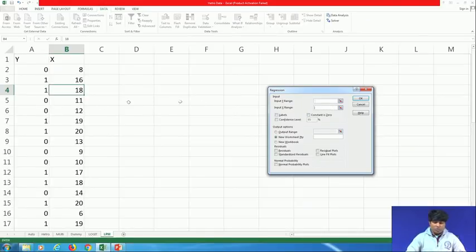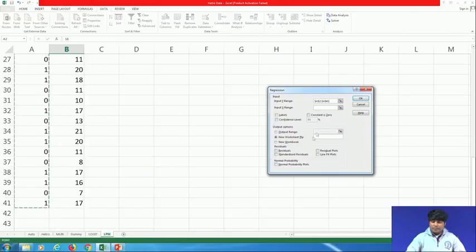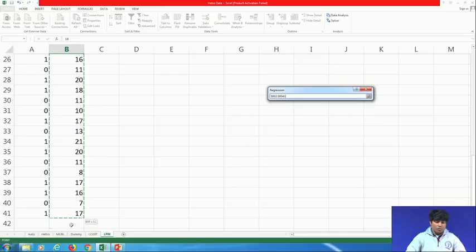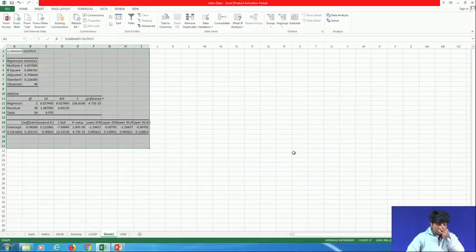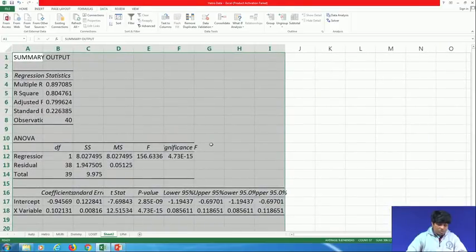We start with the dependent variable first, allowing up to 41, so B2 to B41. The independent variable is again B2 to B41, the same sample size, and then we click OK. This gives the idea about the linear probability estimation. It is a standard procedure.